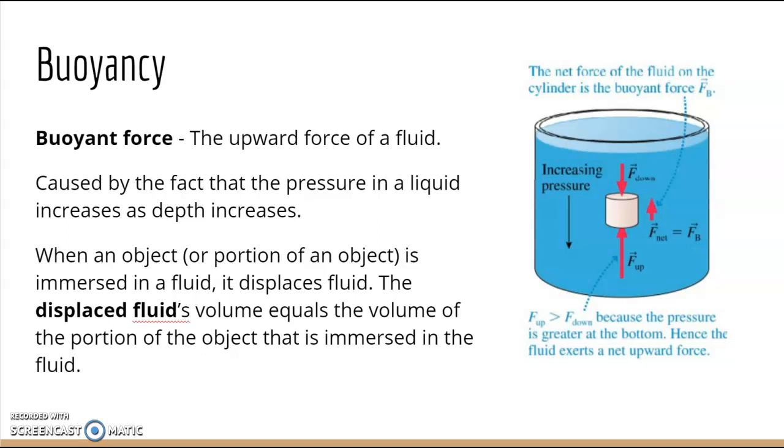So here in this picture, the volume of the fluid displaced is equal to the volume of the cylinder. If this cylinder was just floating on top of the water, only part of that cylinder would be underneath the water, and therefore the volume of the cylinder under the water is going to be the amount of fluid displaced. A lot of words for a simple thing to say.